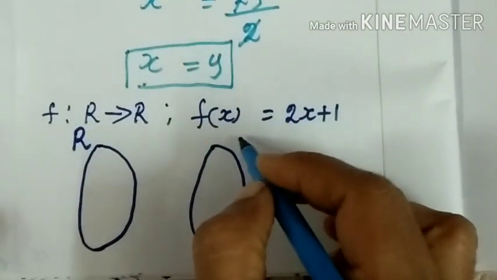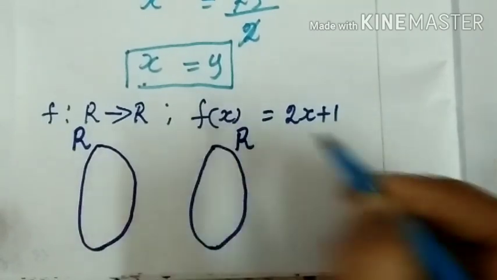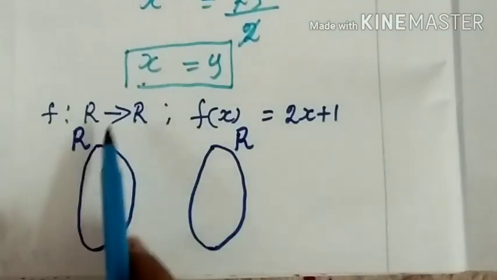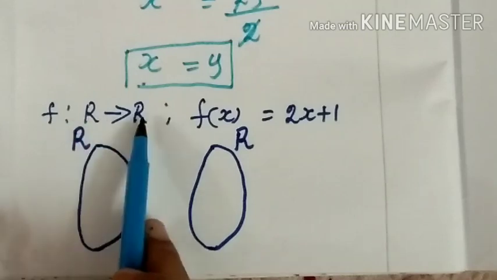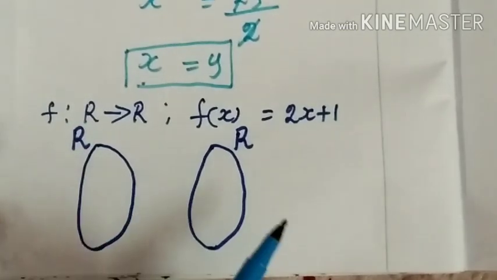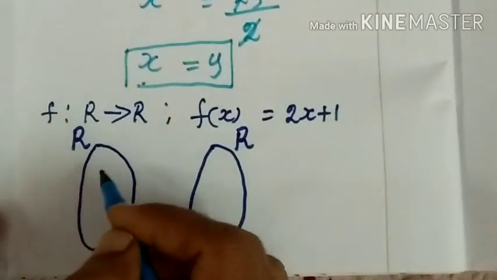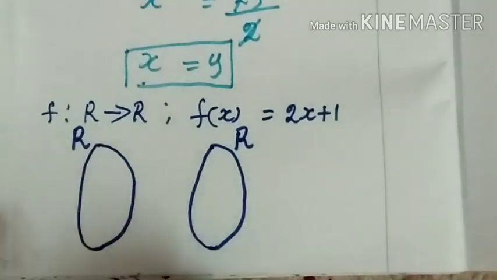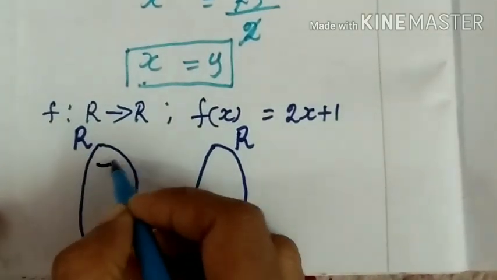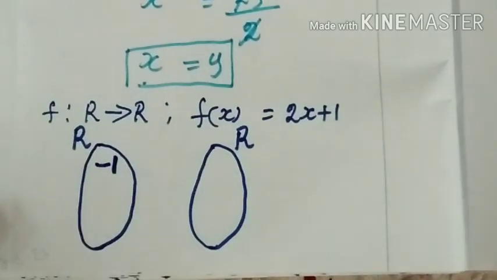This belongs to real numbers and this also belongs to real numbers, because in the question it is given real to real. Okay, now I will take some real number, minus 1.